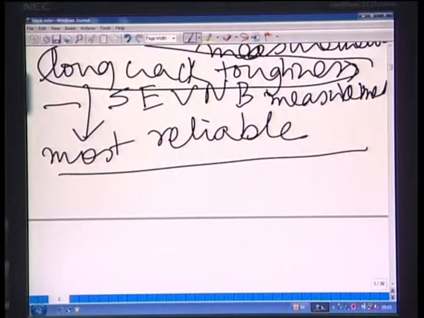Now the question is, why is short crack toughness measured? The short crack toughness is measured because it is most easily obtainable and you can get it in laboratory scale experiments within a very reasonable time frame.